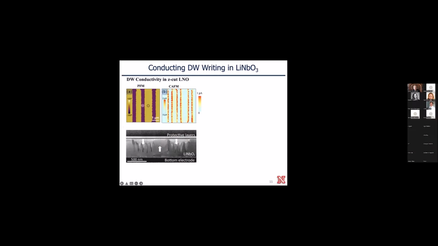In addition to that, we performed a cross-sectional examination of the produced pattern, looking in the direction parallel to the surface, shown here. And we see that scanning transmission electron microscopy revealed strongly inclined head-to-head domain walls, with a typical inclination angle as large as 20 degrees.